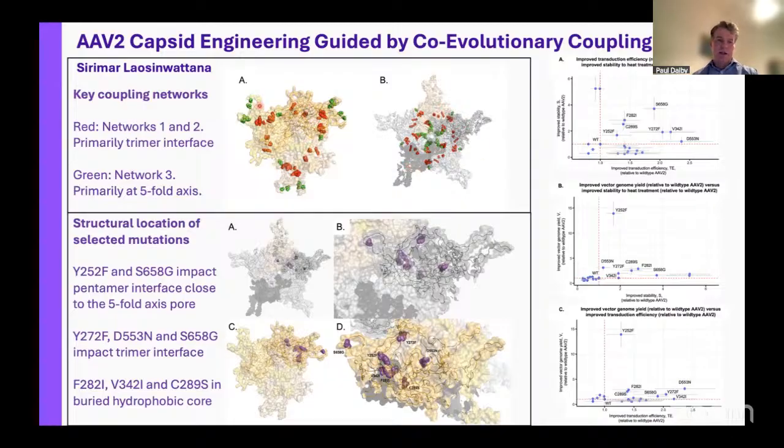What she did is she initially identified three networks that were co-evolving. I think two of them are quite similar, so networks 1 and 2 are both shown in red here, and network 3 was very much a separate network shown in green. Then she targeted these sites for mutations using those two approaches, as well as some others that are not in those networks as a sort of control approach.